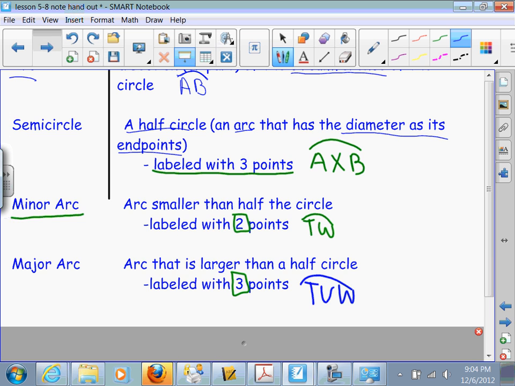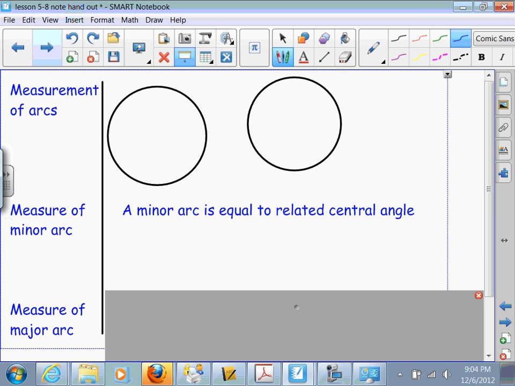Okay, measurements of arcs now. Let's say that we want to give a measurement for an arc. The measurement of a minor arc is equal to the related central angle. So let's look at this circle that I'm going to draw. Here is a central angle, let's say it's 40 degrees.